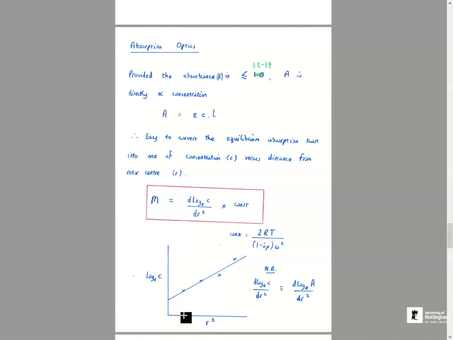It's just the same as logs to base 10. Log to base e of x is 2.303 times log to base 10 of x. So they're just the same as log to base 10, but you've got this factor of 2.303 in front. So don't be frightened of logs to base e.